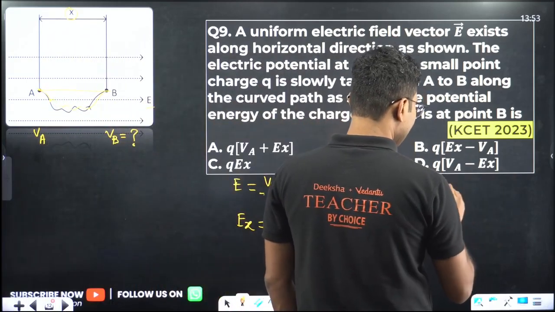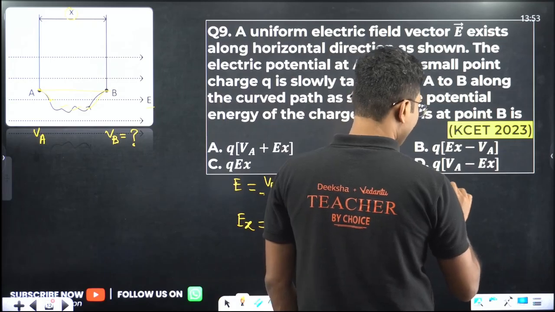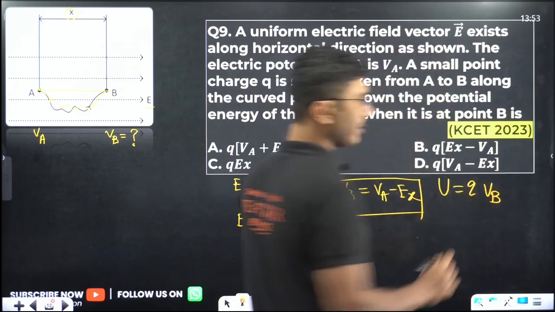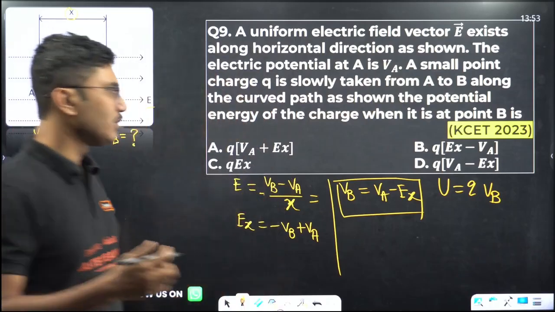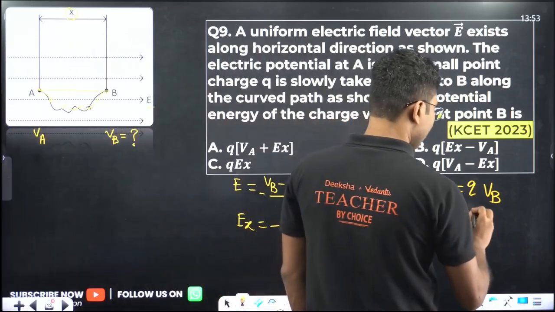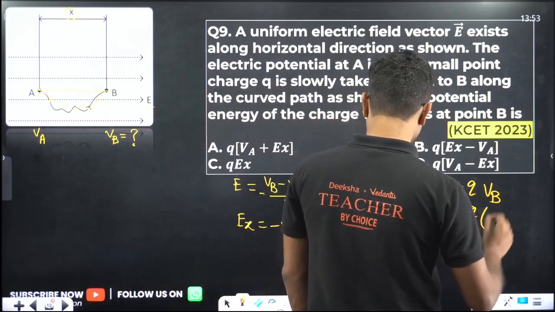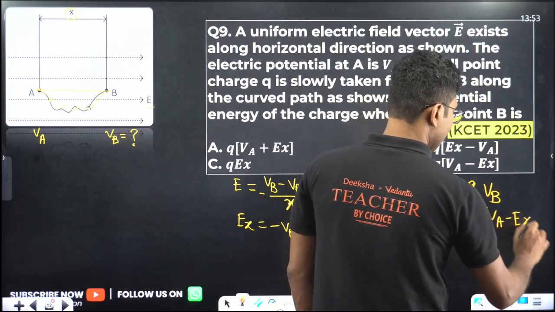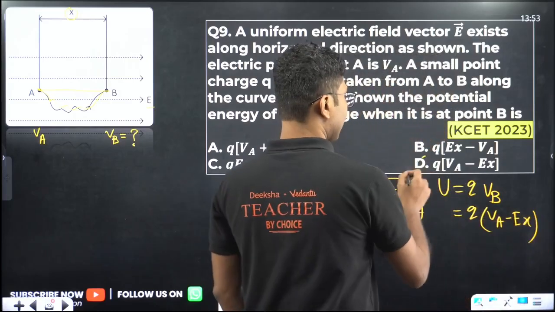So energy of the charged particle is given by charge into potential of that point. Energy is charge into potential of that point. So that will be q into VA minus Ex. So the correct answer is option D.